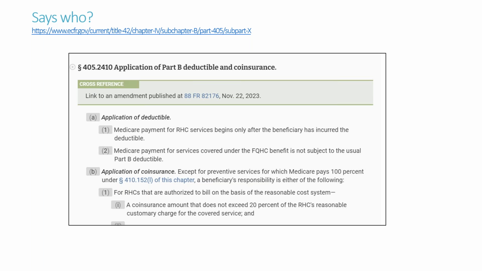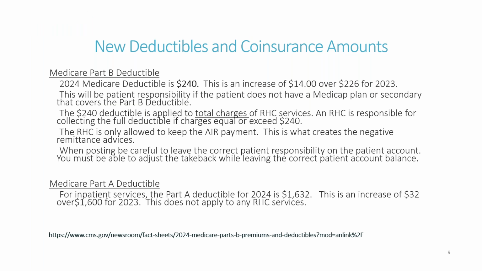So if somebody questions you about it in your revenue cycle department, or somebody else just doesn't understand it, you can take them back to this regulation. This is where it all started. So yes, it's a little crazy, but it's right here for us, and it has been the way it has been since the RHCs were started. So this will go back to if you have to prove to somebody else this crazy world we live in.